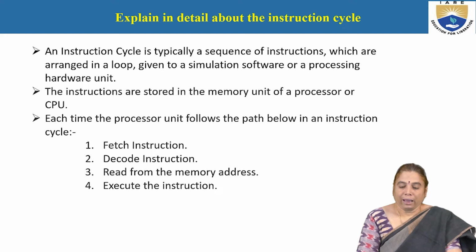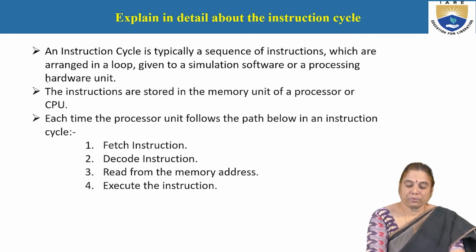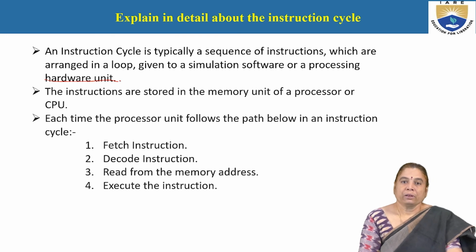Next question. Explain in detail about the instruction cycle. The instruction cycle is typically a sequence of instructions arranged in a loop, given to a simulation software or a processing hardware unit. Each instruction of the program is executed with the help of the instruction cycle.